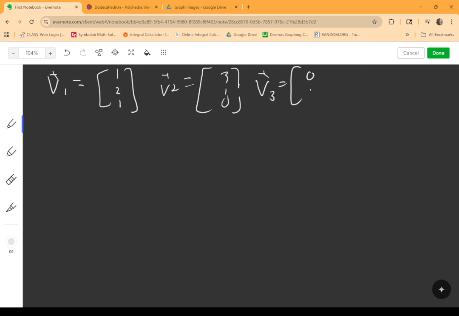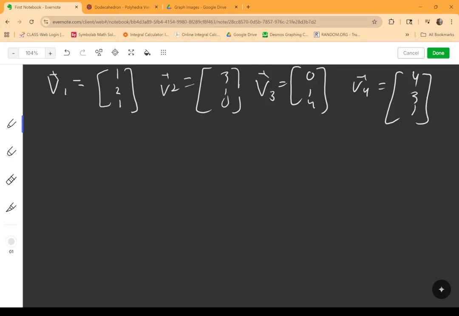So here, let v1 be (1, 2, 1), v2 be (3, 1, 0), v3 equal to (0, 1, 4), and then v4 equal to (4, 3, 1).